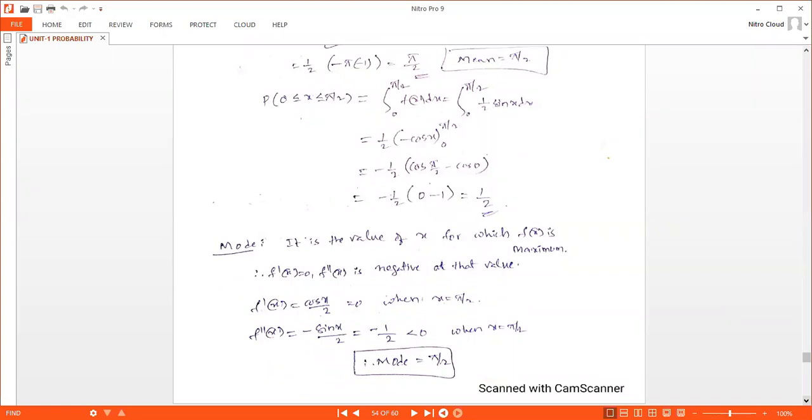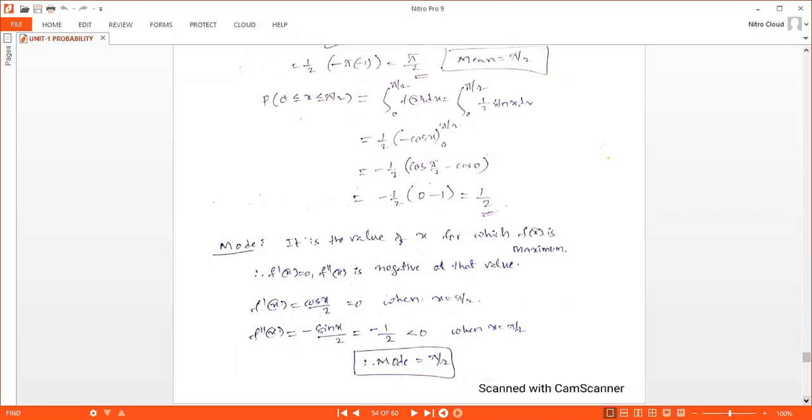Mode. It is a value of x for which f of x is maximum. So here f dash x is 0 and f double dash x is negative at that value. So we need to find that value. We are taking its value as pi by 2.